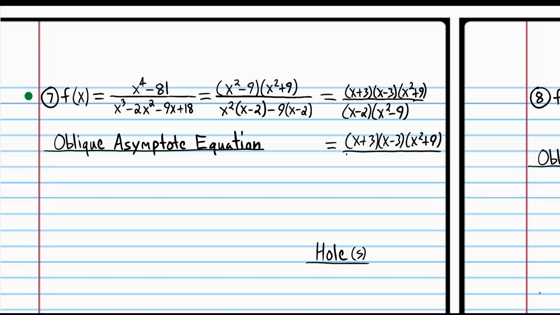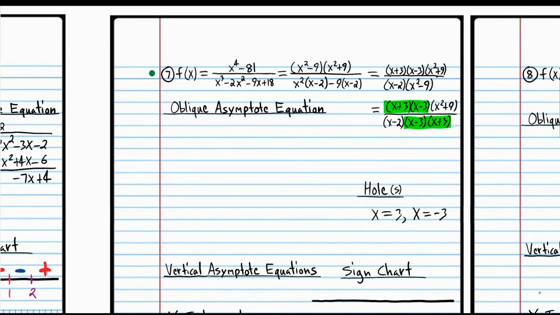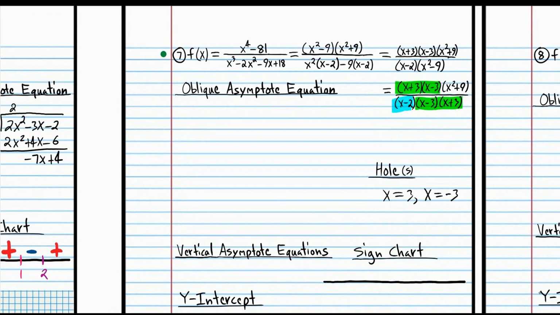And in the denominator we have x minus 2 times x minus 3 times x plus 3. So these green factors cancel out, which means we have holes at x equals 3 and x equals negative 3. We have a vertical asymptote at x equals 2.